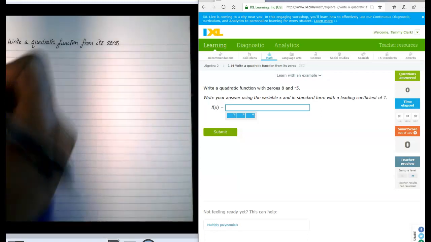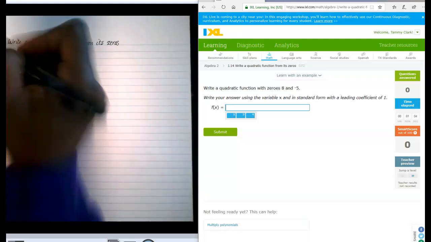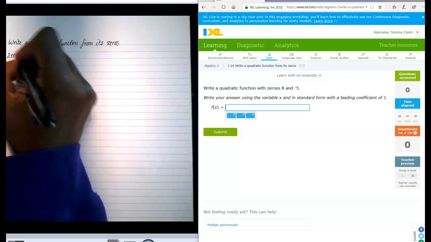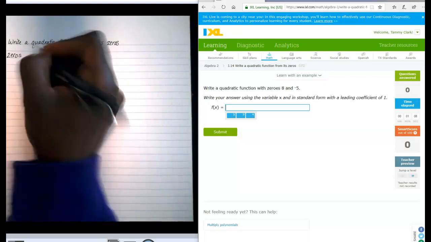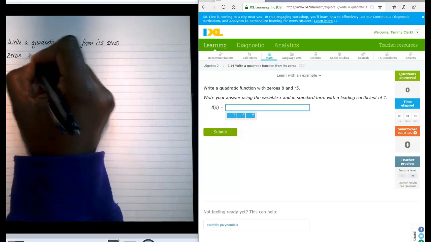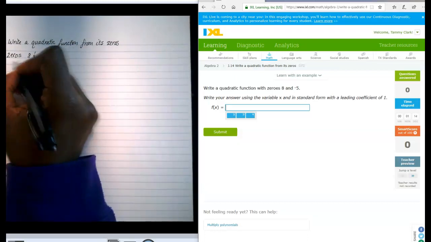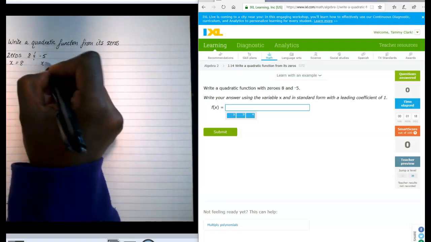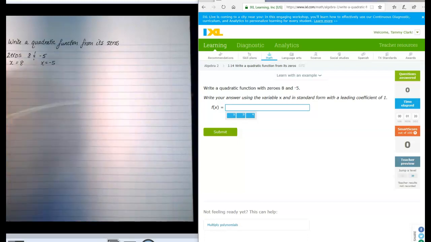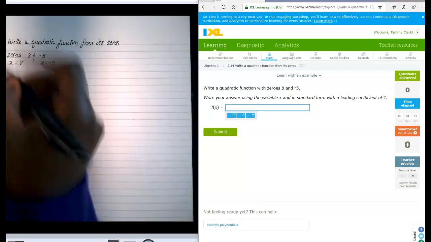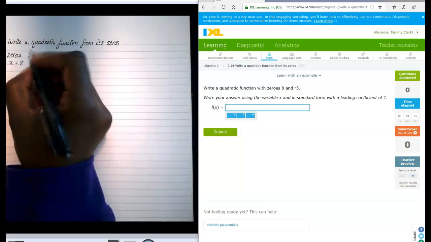So we've got write a quadratic function with zeros, and I'm going to abbreviate this so it doesn't take so long. 8 and -5. So first thing that we're going to do is set each of these equal to x, and then we're going to set them equal to 0.